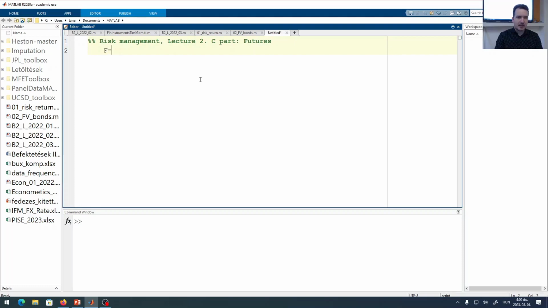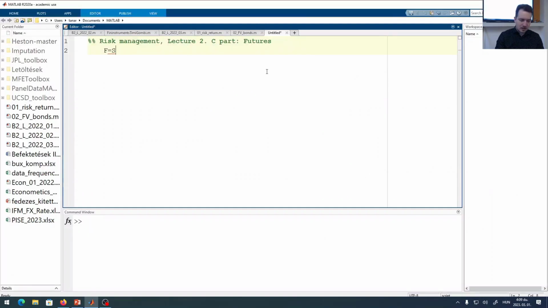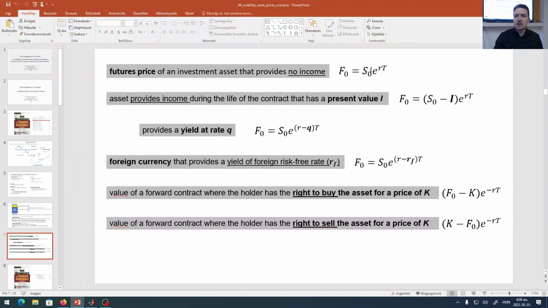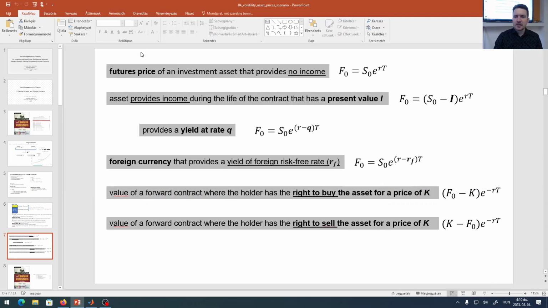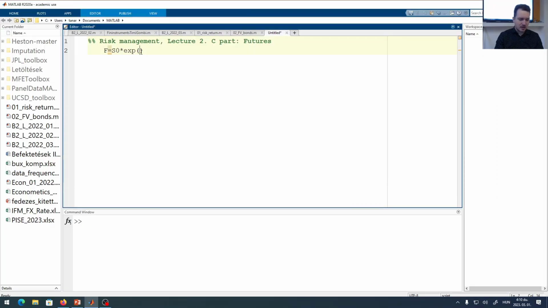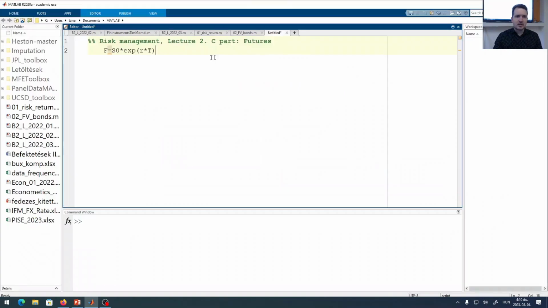Let's say F equals S0 multiplied by, in this case, we have to use the exp function. That's the same in Excel as well, so nothing new is happening here. R multiplied by t. Let's copy this thing here.